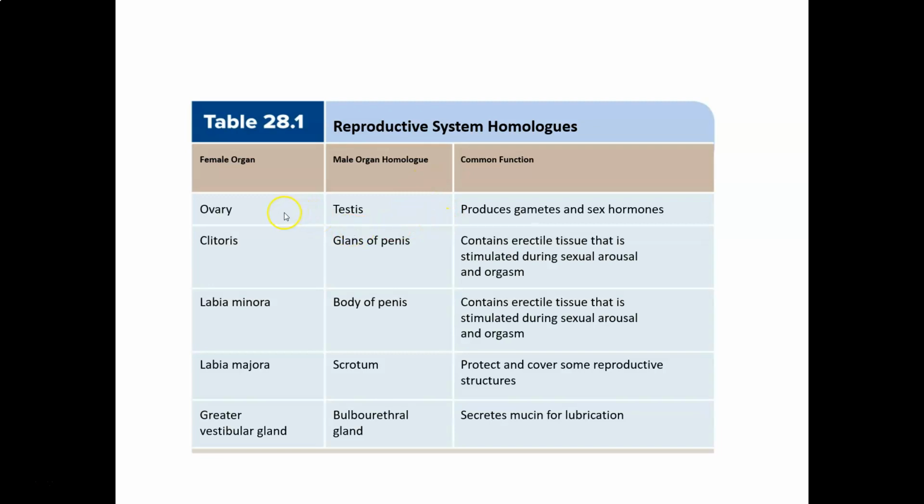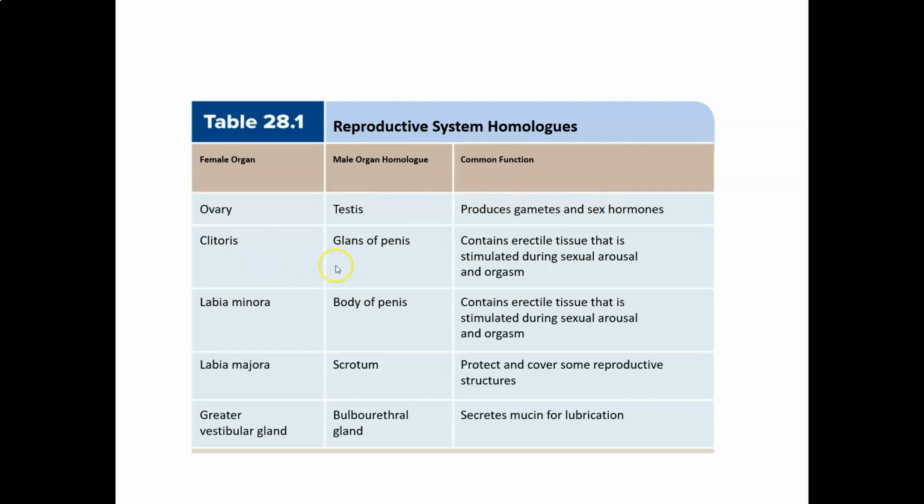The very first pair is ovary and testes. They are the gonads of each sex, and their function is to produce gametes and sex hormones, which are different in each gender.